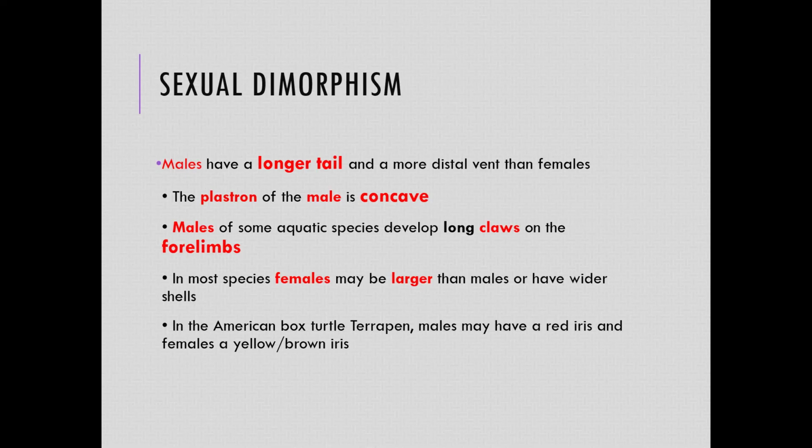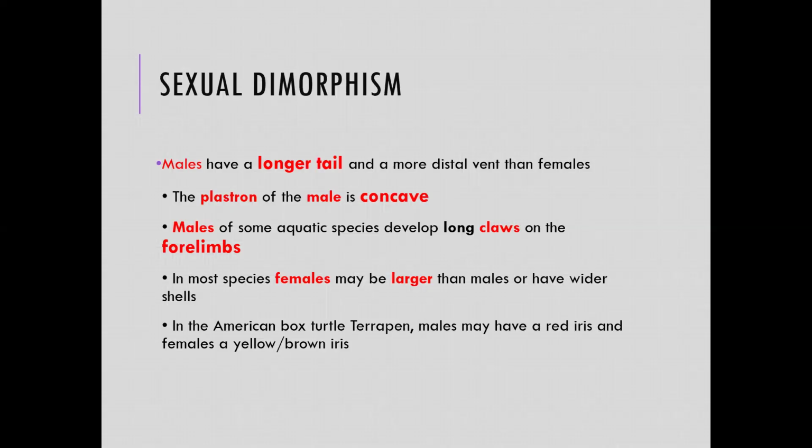But in almost all species, the plastron of the male is concave. It helps when they copulate, so they can mate with the female. In some aquatic species, especially freshwater turtle, the male has a longer claw in the forelimb compared with the female.